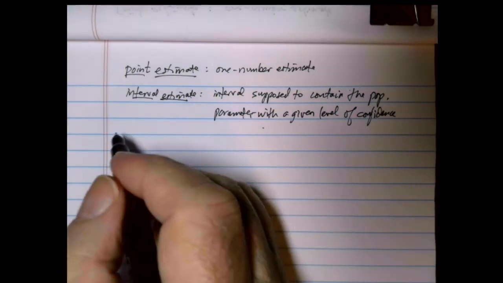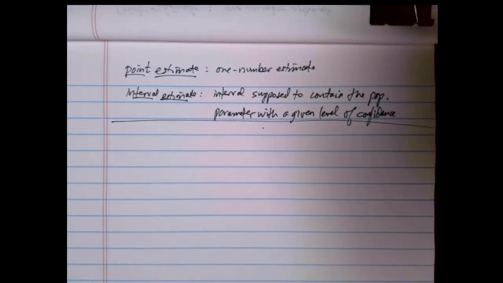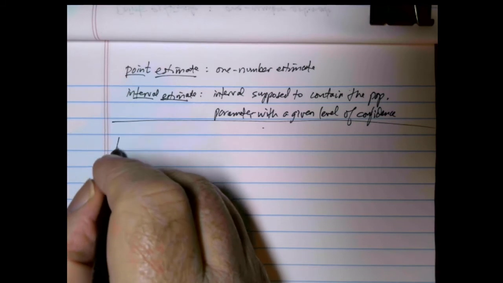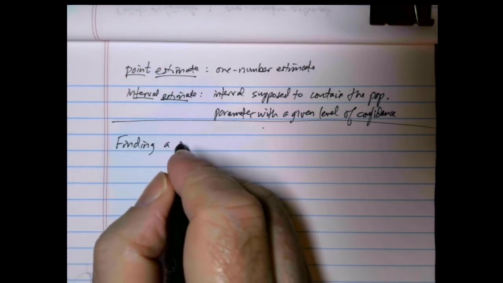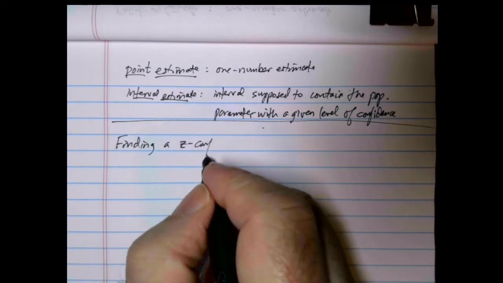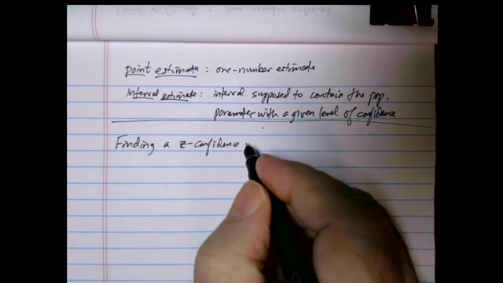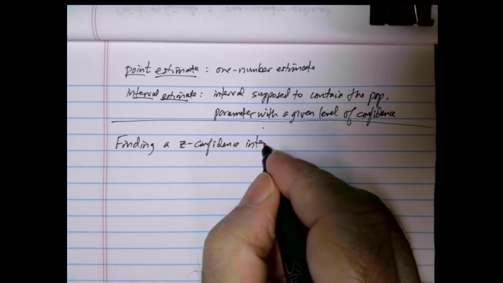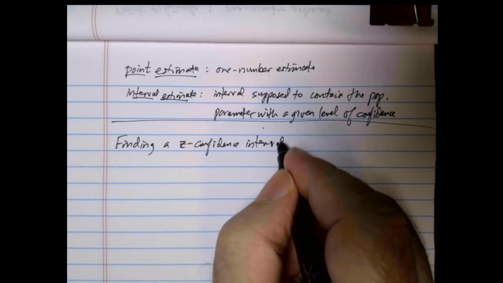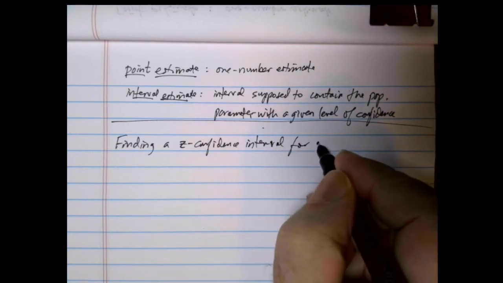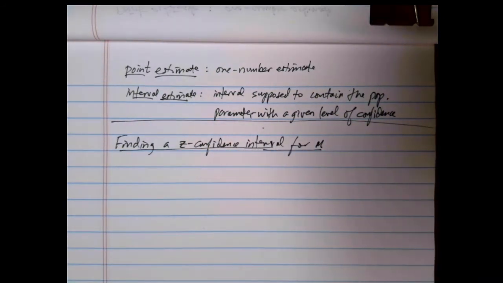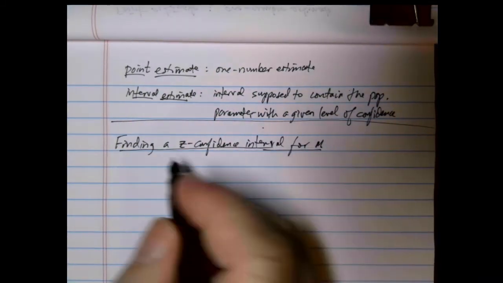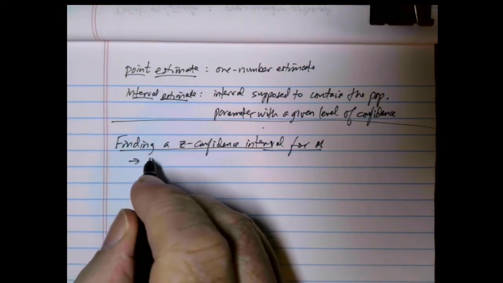Okay. I'm going to sum up all the stuff I've been talking about here in a series of steps, right? How to find what's called a Z confidence interval, the kind we've been talking about, for a population mean mu. And this is the only kind of thing we're ever going to do confidence intervals for. Okay, two prerequisites.